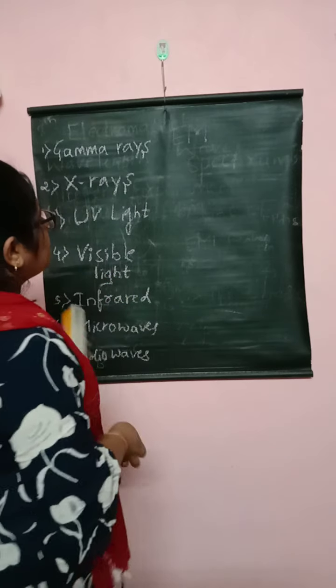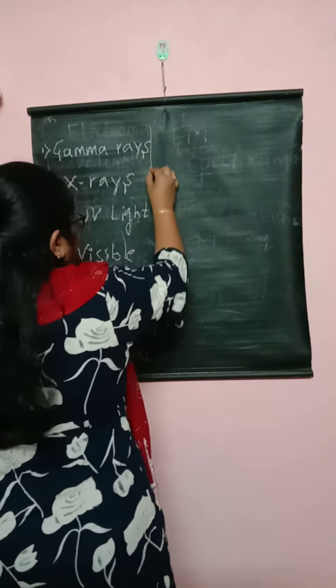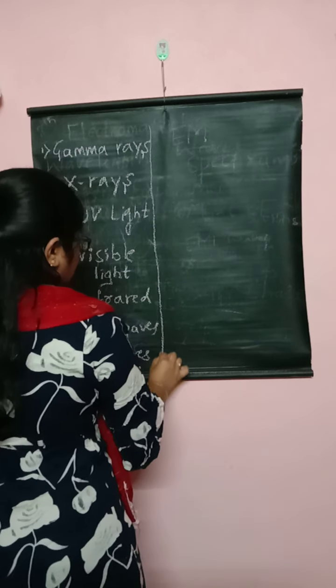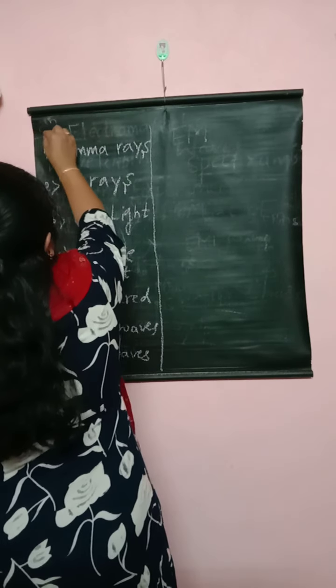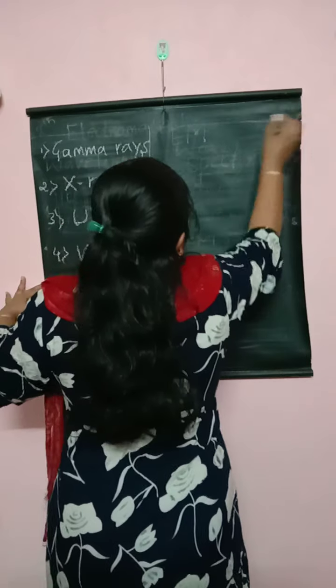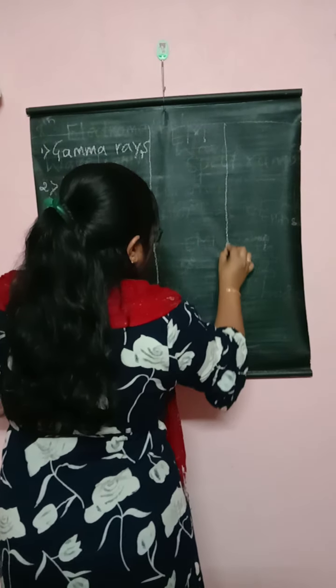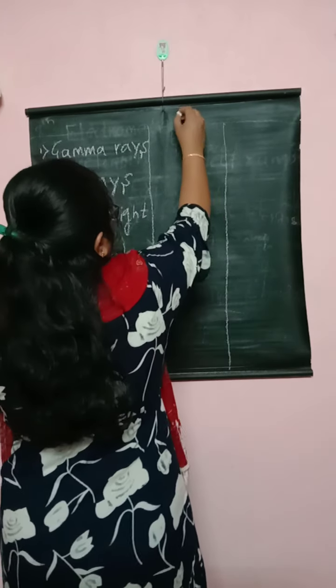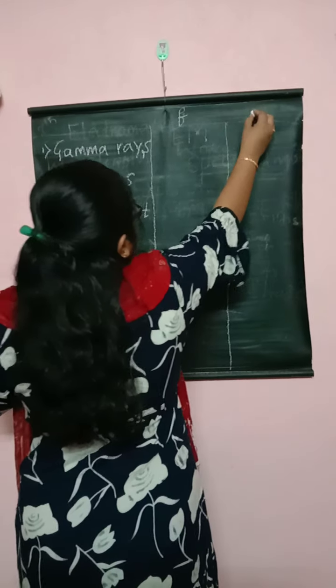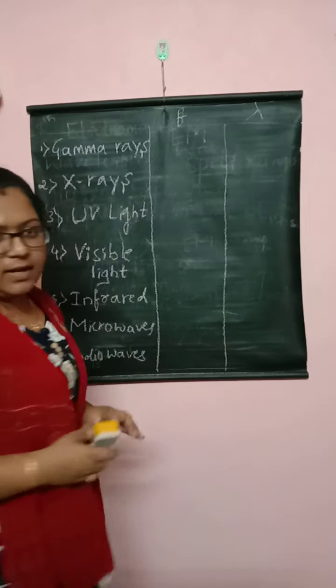Okay, now let's see what the frequencies and wavelengths of these particular waves are. So these are the electromagnetic waves, and let's write their frequencies and wavelengths. Here I will write their frequency, and here I will write their wavelength.